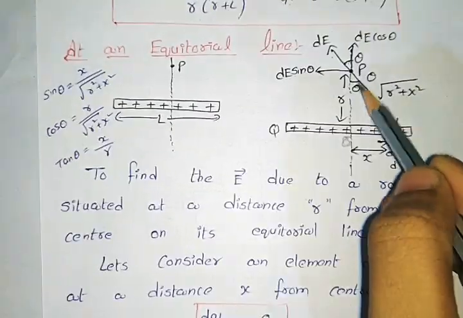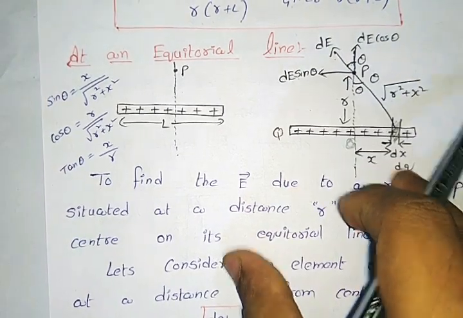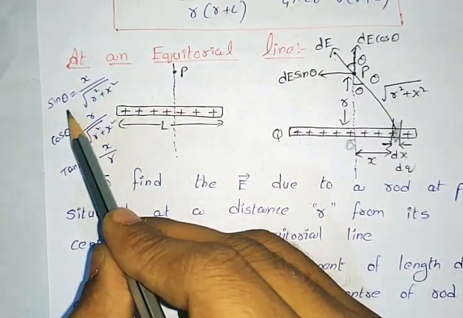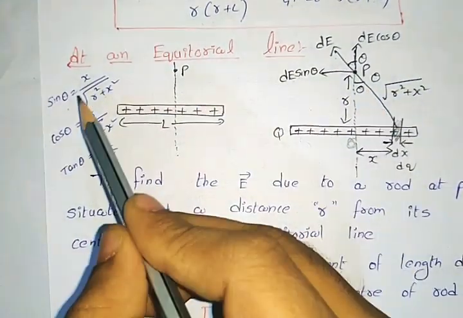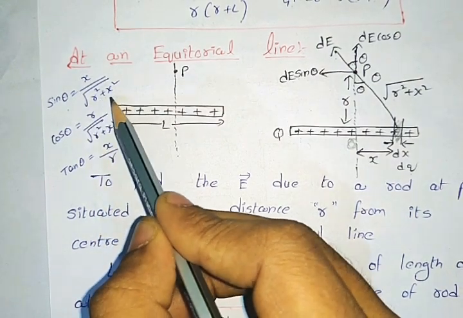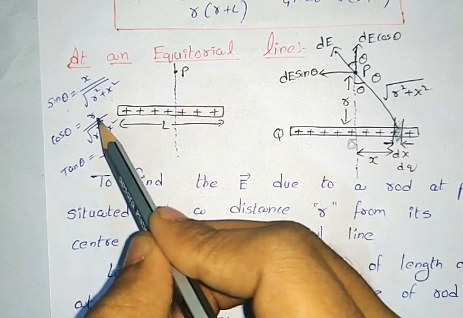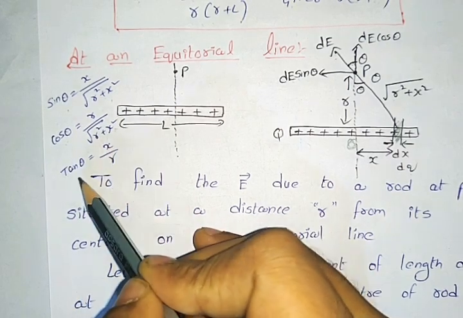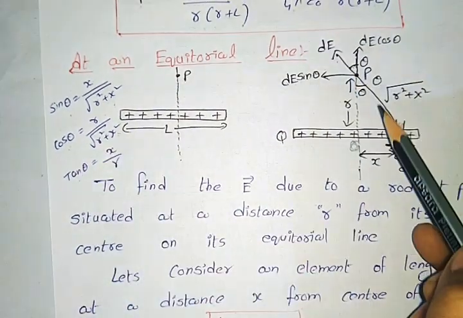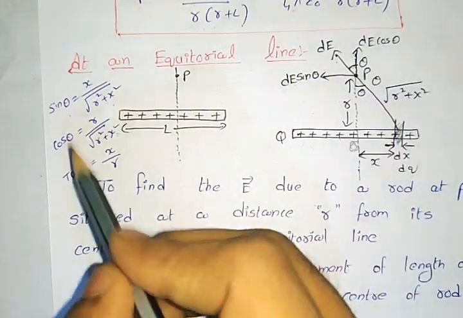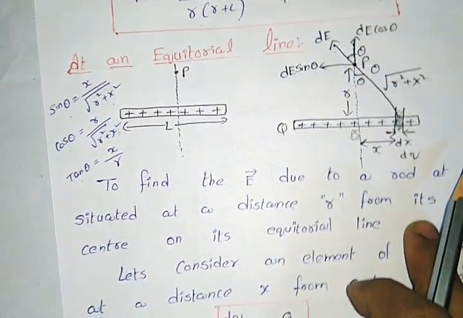For this triangle, which we will use later in simplification, sin theta is opposite by hypotenuse, which is x by root of r square plus x square, cos theta is adjacent by hypotenuse, which is r by root of r square plus x square, and tan theta is opposite by adjacent, which is x by r.